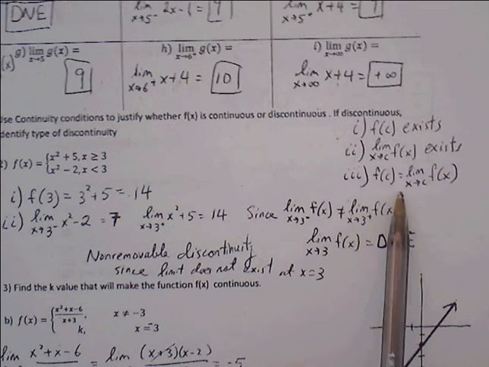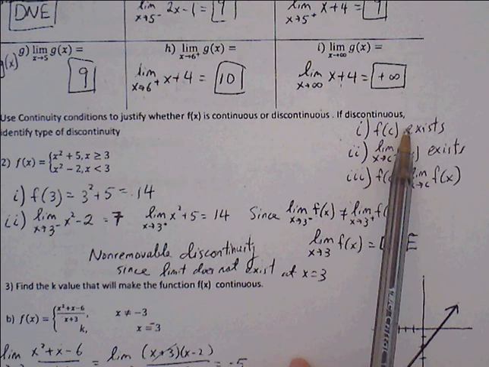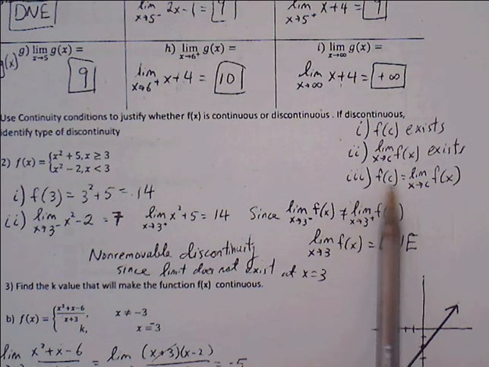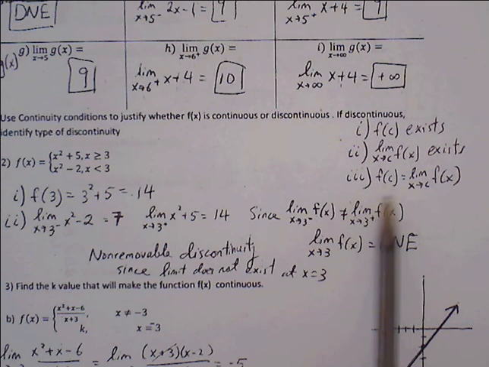And then the third condition is, does the ordered pair exist at the same point where the limit exists? So we compare the results from the first and second conditions, and if they agree, we know the function is continuous. There's no breaks in the graph through that point. The graph will be continuous through that point.